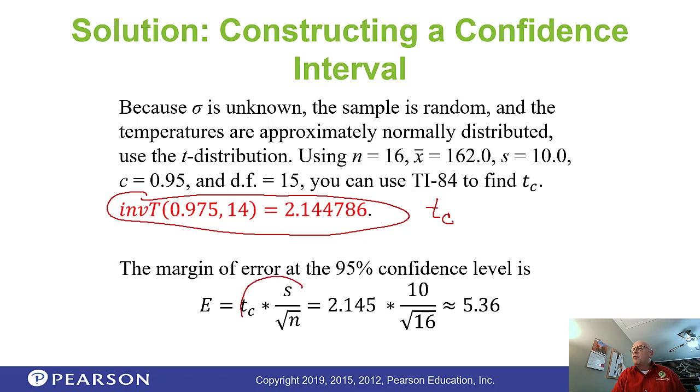And you put it in this formula to get the margin of error. So you have 2.145, that's t sub c. This you found from your sample, and this is your sample size. Do the calculations, and you get about 5.36. Some of these slides say 5.3. They were using the table, that's why they're a little bit off.